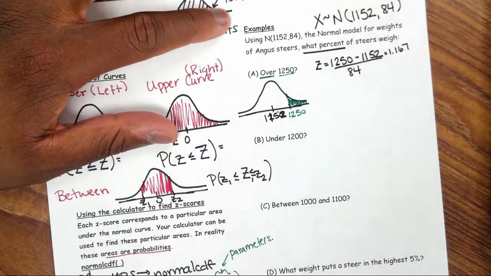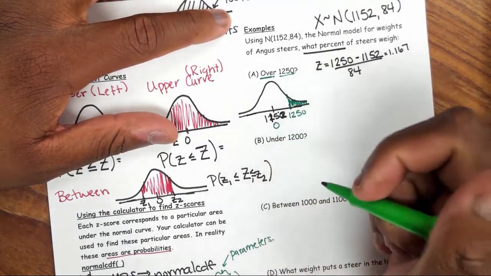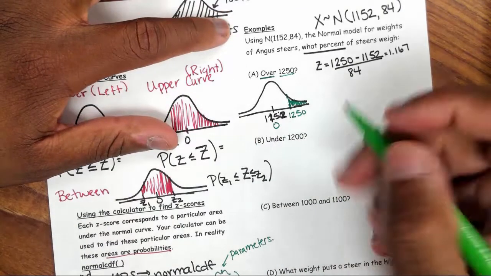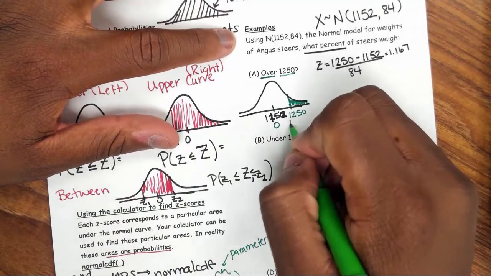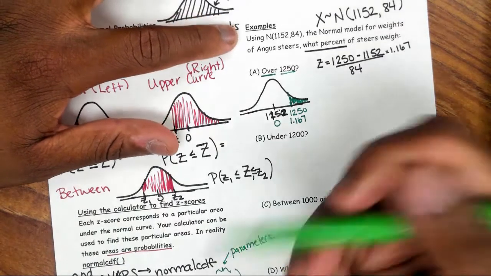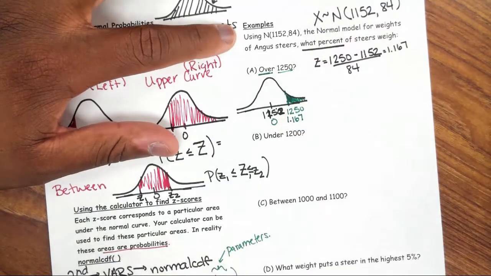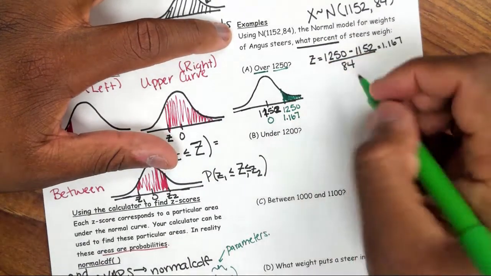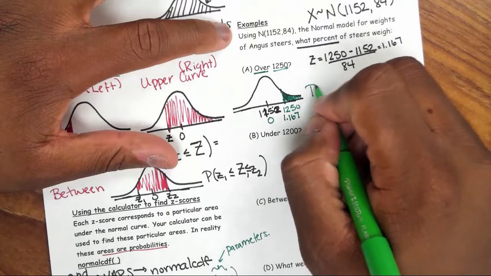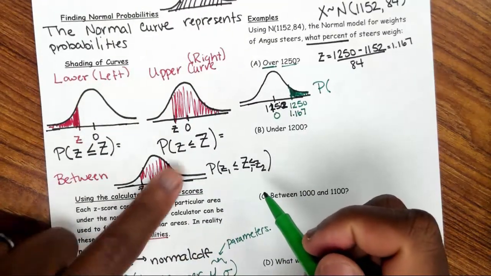That means if this curve were a standardized curve, this value would be 0. Your mean would be 0 of that curve. And this value out here would be equivalent to 1.167. So when we find this area, here's how you report the actual area now. So I'm going to report the area for this curve on a standard normal. So to report that area, I'm going to do the probability that, well, since it's a right curve, I'm using this symbol right here.